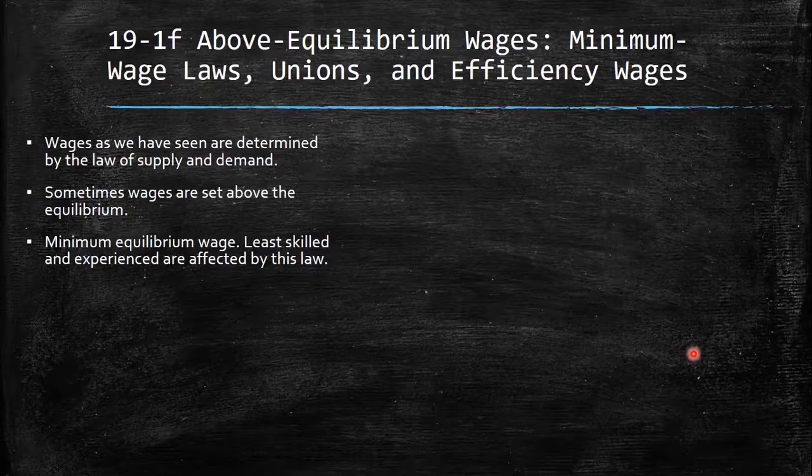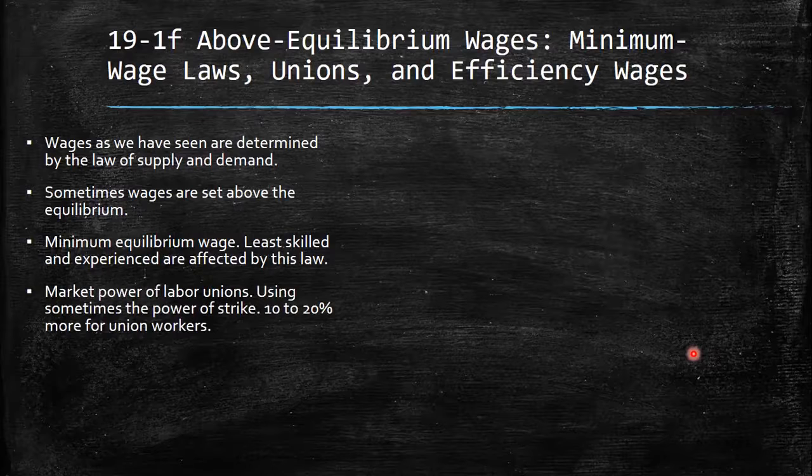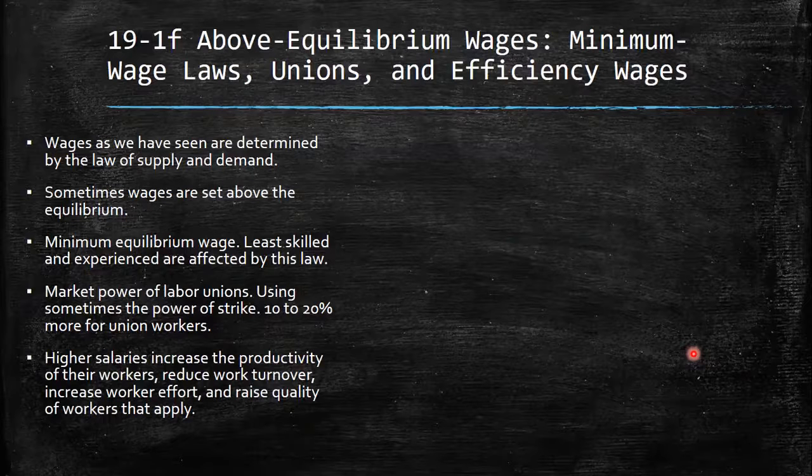So this should be the case. Another characteristic that can affect salary is the market power of labor unions, for example using the power of a strike. We know that companies with unions usually pay 10 to 20% more to union workers compared with a company that doesn't have any union.